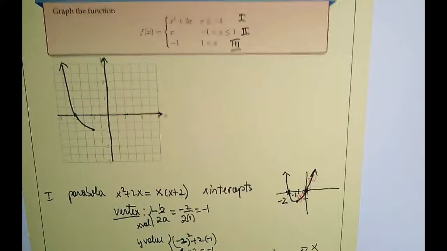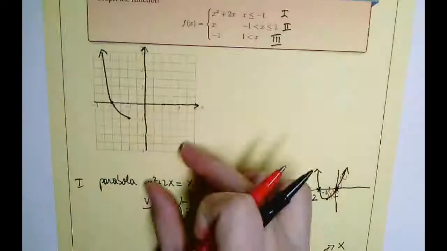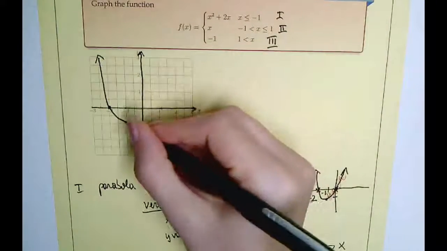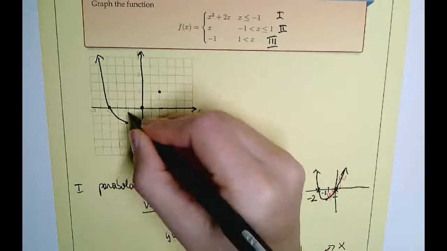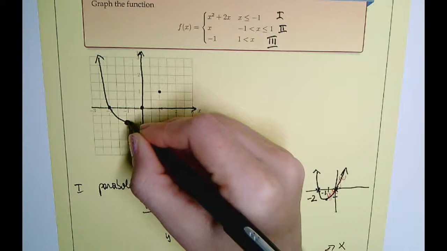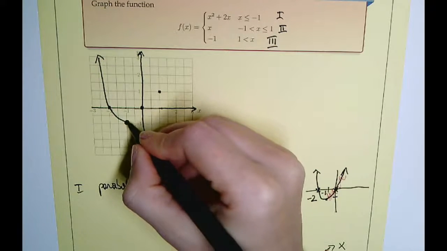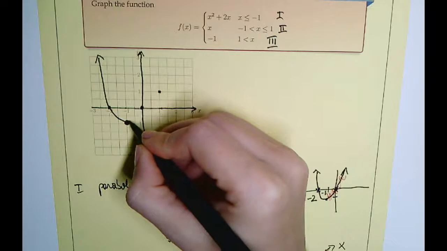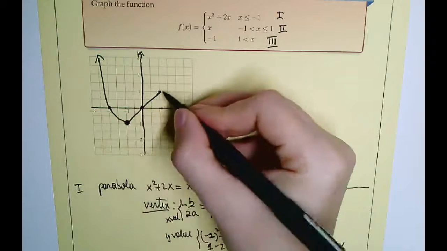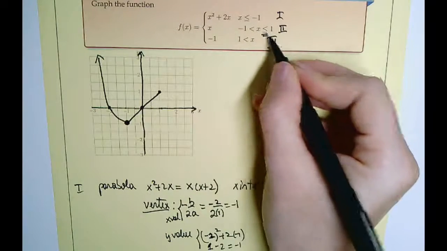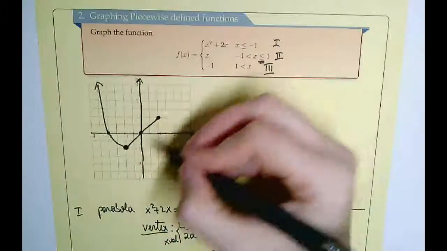I'm only interested in this tiny portion in here, from -1 to 1, not including -1, but the -1 was included in the parabola. So you can imagine a circle for the line, but the circle is filled by the parabola. At -1, the value is included, so I have a full circle here. That's my second piece.